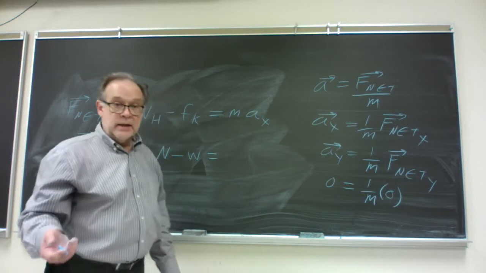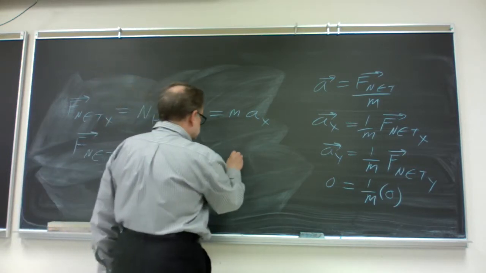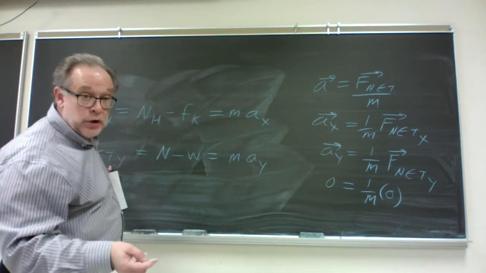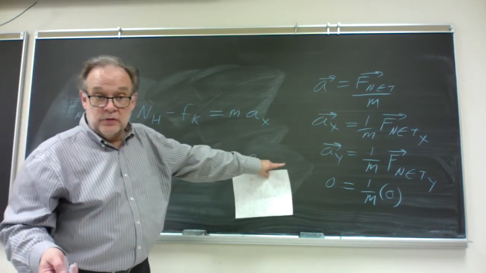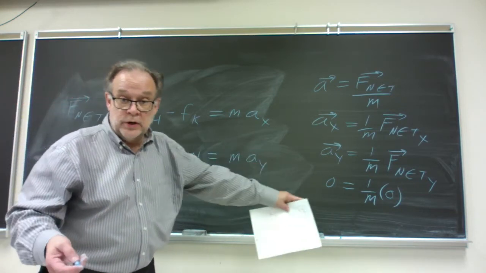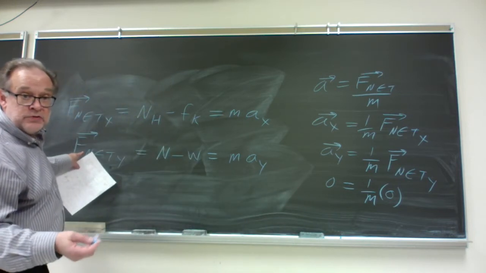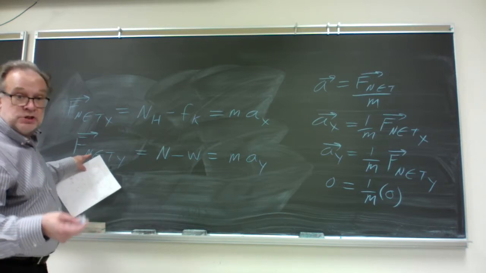And of course, being a net force, it's equal to mass times acceleration. Since it's the y component of the net force, it's going to be equal to mass times the y component of acceleration, which we already knew was 0. So as we've said already, the y component of net force is 0.